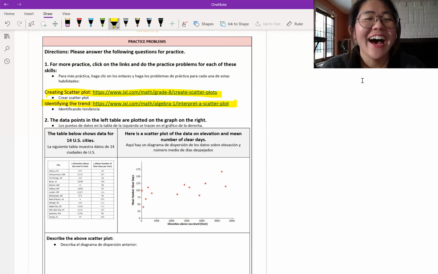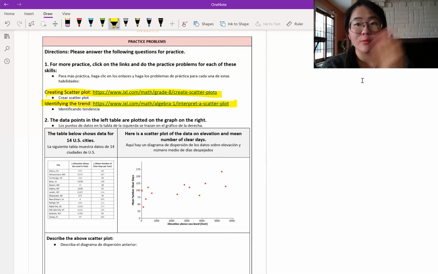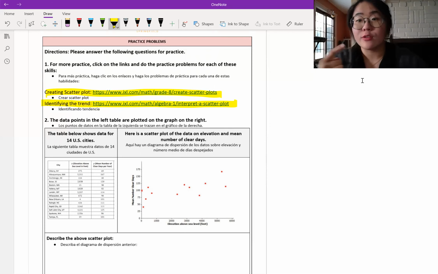You can go through these practice problems and you actually can figure out right away whether you got it right or wrong. So it's a really good fluency test where you can test creating scatter plots and also identifying whether it's positive, negative, or no correlation, all right? So please make sure you do that on your own. I'm gonna go over number 2 with you guys.